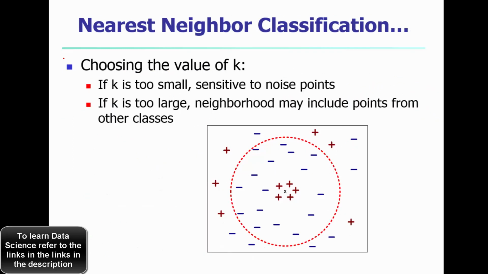So how do you choose the value of k? Choosing the value of k is the key. If you choose the value of k to be very small, it is very sensitive to noise. Because very unlikely you will get a very general view of something if you take just a few data points.